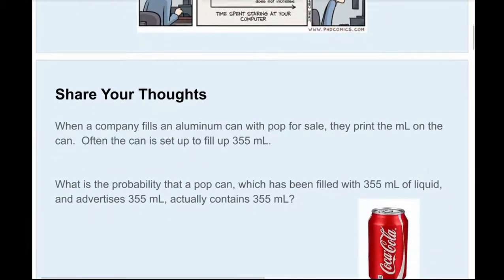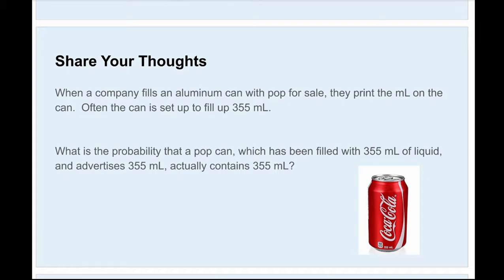So just to get you thinking, when a company fills an aluminum can with pop for sale, they print the milliliters on the can. Often the can is set up to fill up 355 milliliters. What is the probability that a pop can, which has been filled with 355 milliliters of liquid and advertises 355 milliliters, actually contains the 355 milliliters?